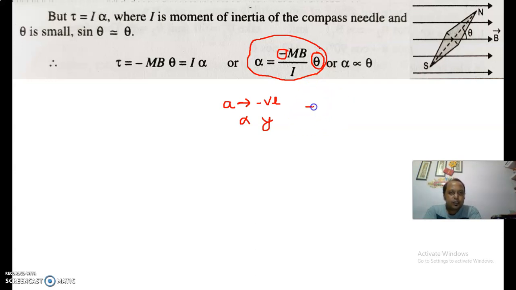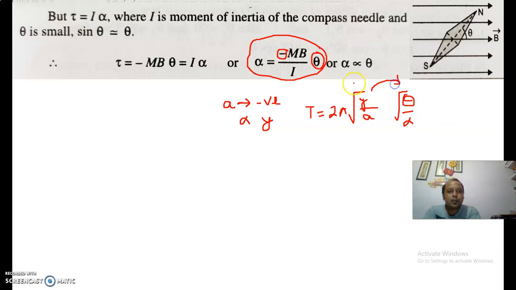Therefore, the way in which time period is represented in linear motion, 2 pi root over y by a, here for rotational motion instead of y by a we will have theta by alpha.